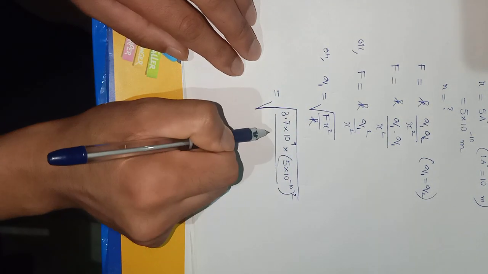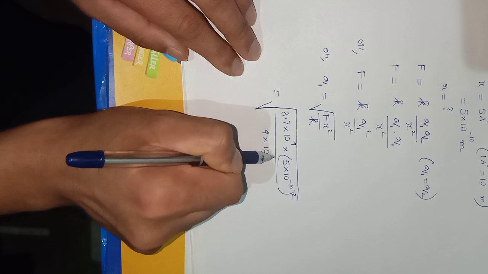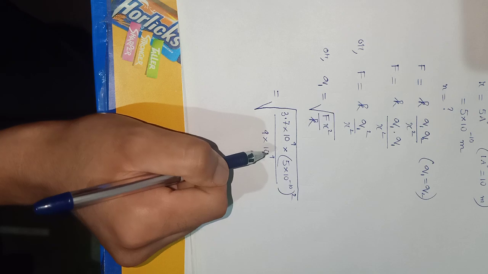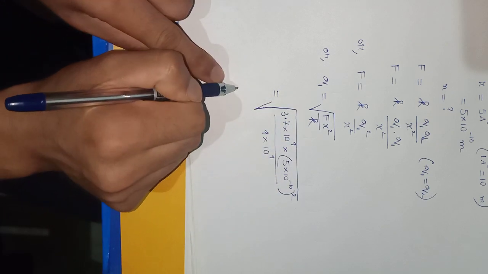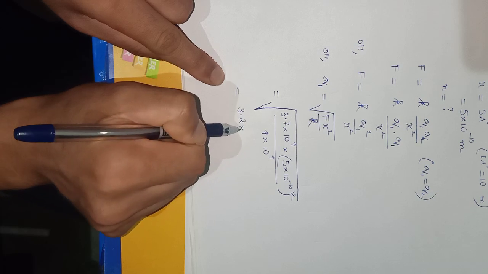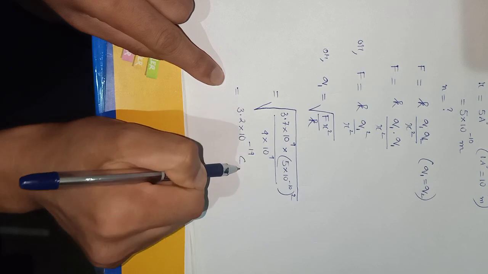K is a constant, its value is 9 into 10 to the power 9 Newton meter square per Coulomb square. As you simplify this expression, we get the result to be 3.2 into 10 to the power minus 19 Coulomb.